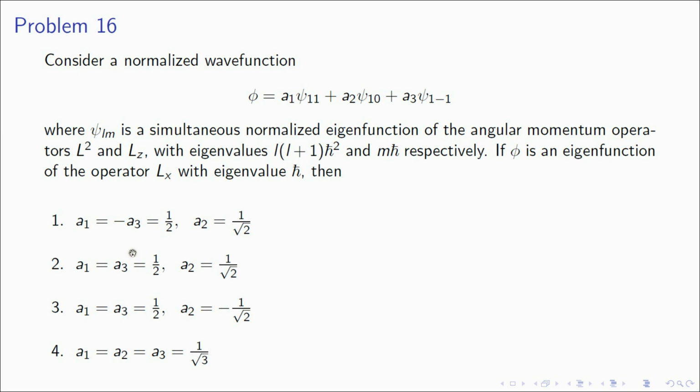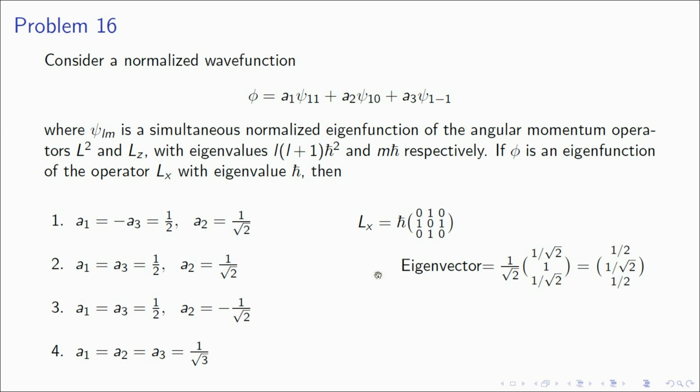If you remember, this Lx operator is basically this, with ones going there. If you find the eigenvector of this, which I'm not doing but is simple, you will get the vector 1 by root 2, 1 by root 2, and you just normalize it.